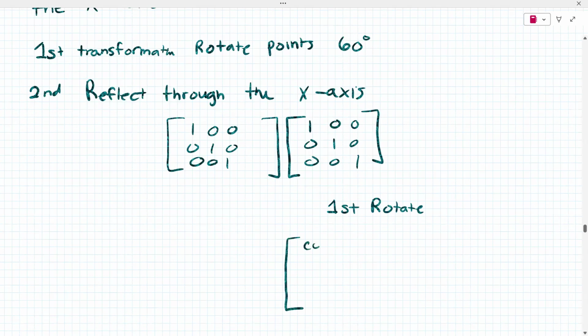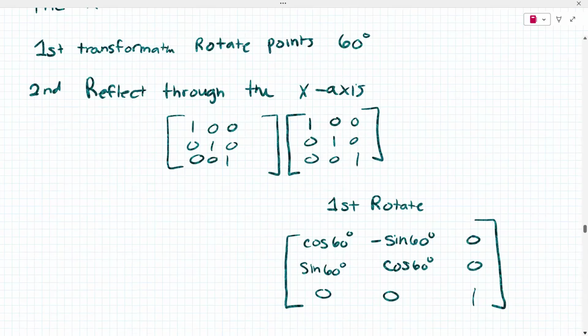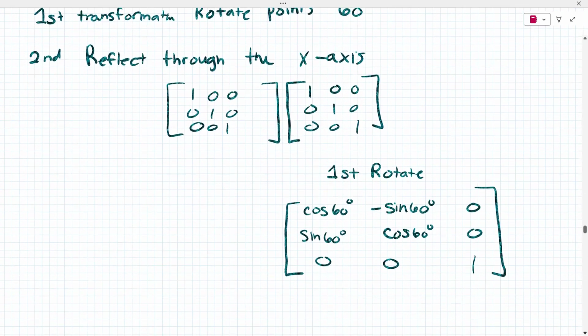So this would be cosine of 60 degrees, minus sine of 60 degrees, and then this is 0. And then this would be sine of 60 degrees, cosine of 60 degrees, and then this is 0, 0, 1. And I believe this is our rotate.